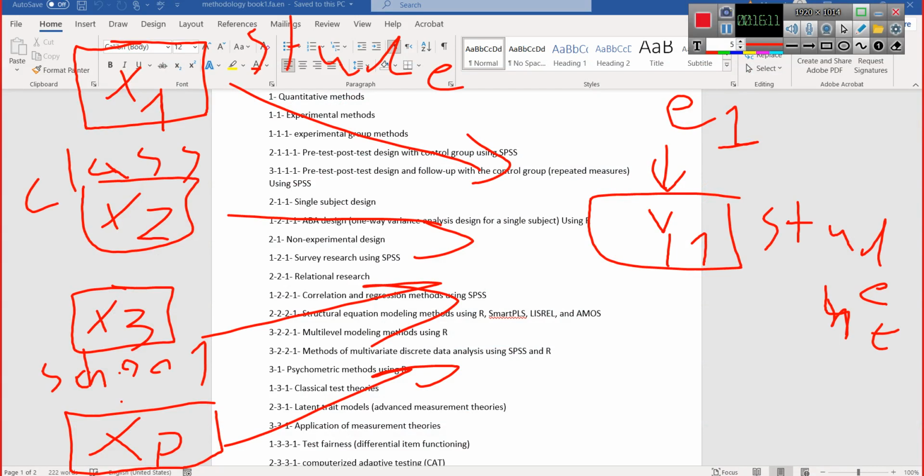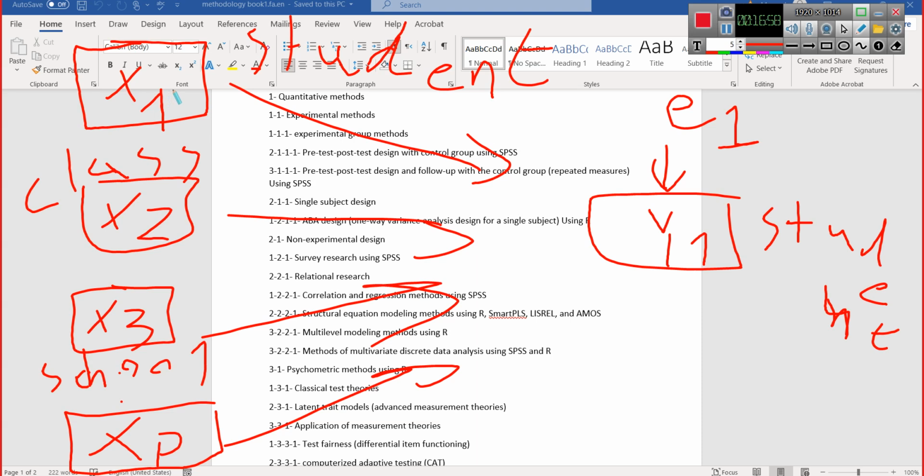So the main difference of the traditional multi-regression model with the multi-level regression model is about the predictor variables, that the predictor variables are from different levels.